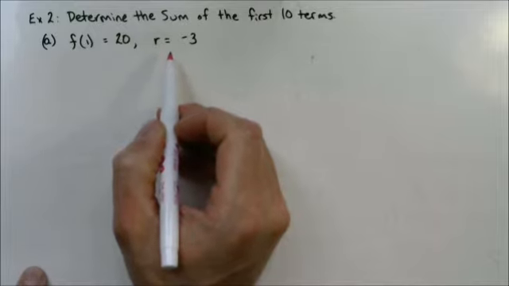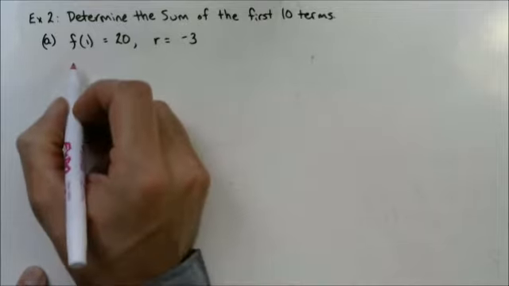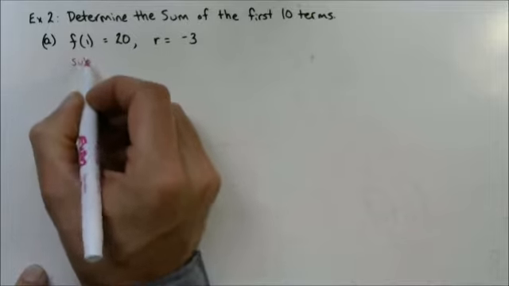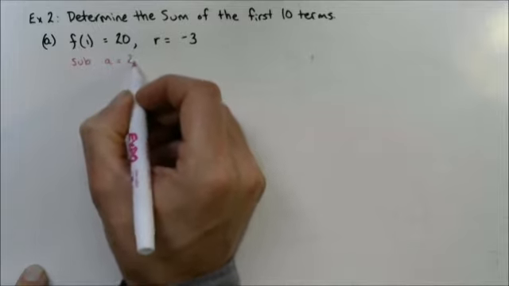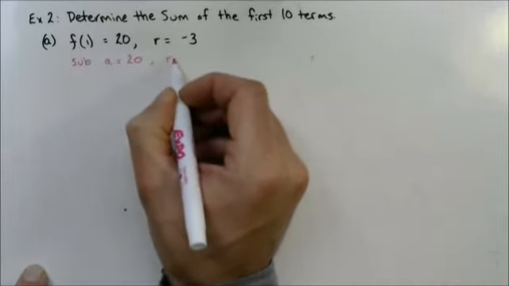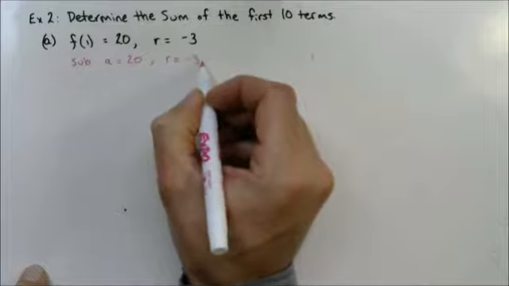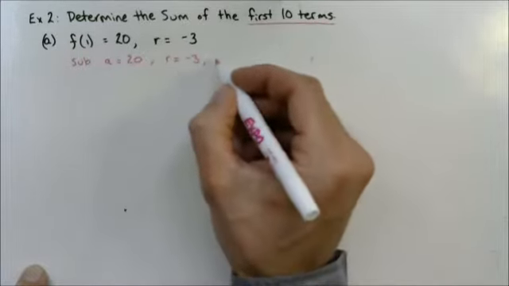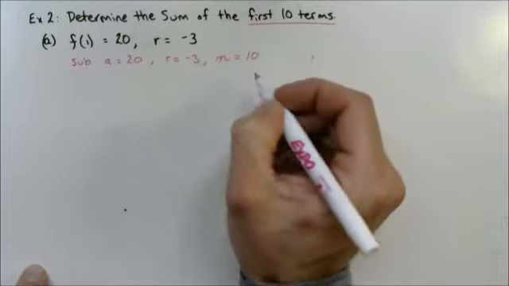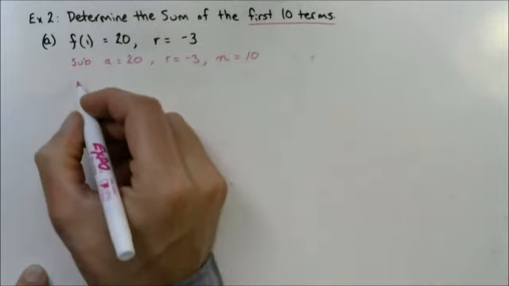So all we need to do here is take our equation for the sum of the first n terms of a geometric series and sub in what we know. Okay, so we're going to sub in a, which is the first term, a equals 20, r equals negative 3, and don't forget, we also know what n is. n is 10, because we're looking for the first 10 terms.